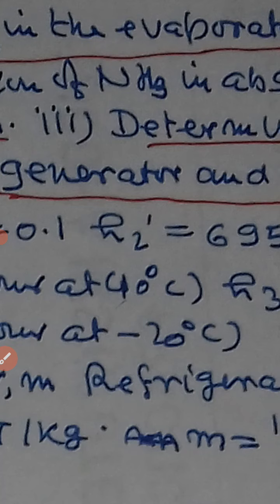So mass will be equal to 14,000 into 9 divided by 3600 and whole divided by 1048.1, and the value comes out to be 0.0334 kg per second.